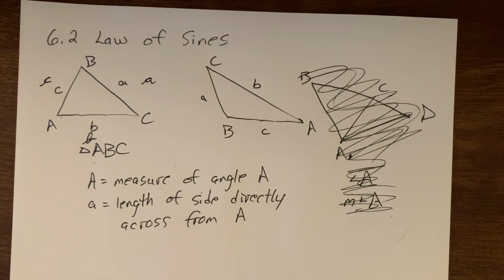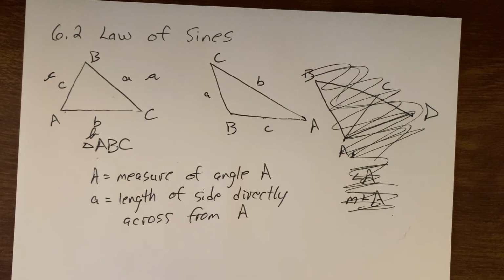Formally, the Pythagorean theorem reads, if we have a right triangle, the sum of the squares of the lengths of the legs is equal to the square of the length of the hypotenuse. But again, a squared plus b squared equals c squared shortens that, and a lot of us make that work very easily and effectively.